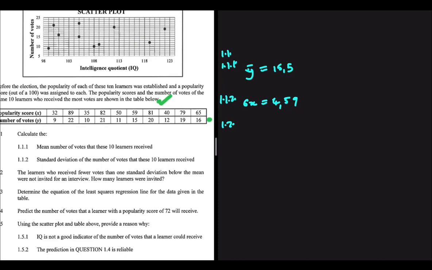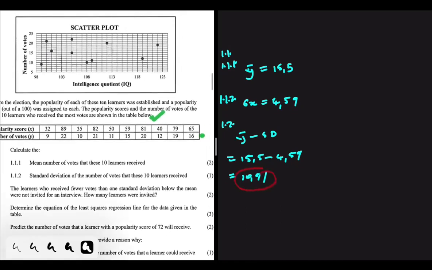So we're going to have y bar minus the standard deviation, right? This is equal to, what is the mean? 15.5. The standard deviation, 4.59. And this should be equal to 10.91.